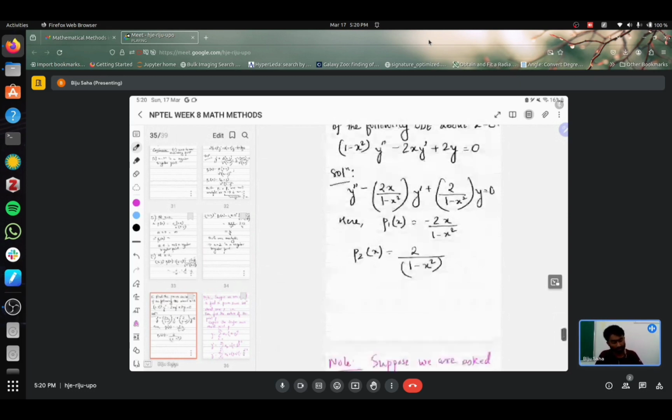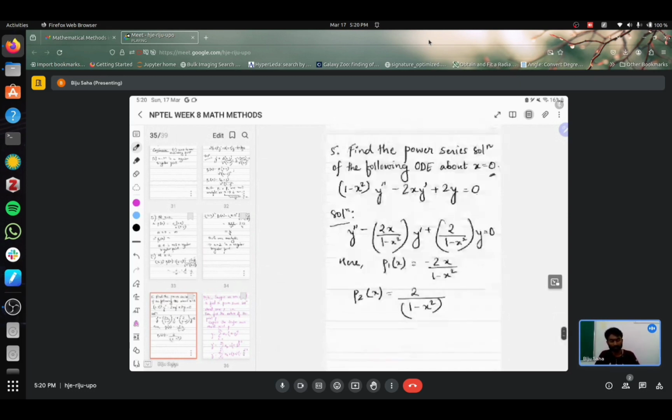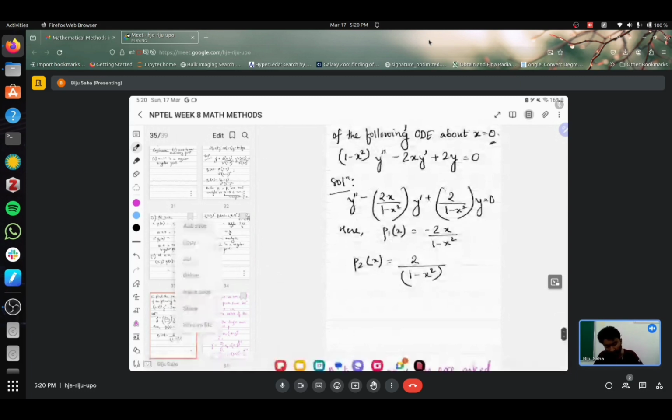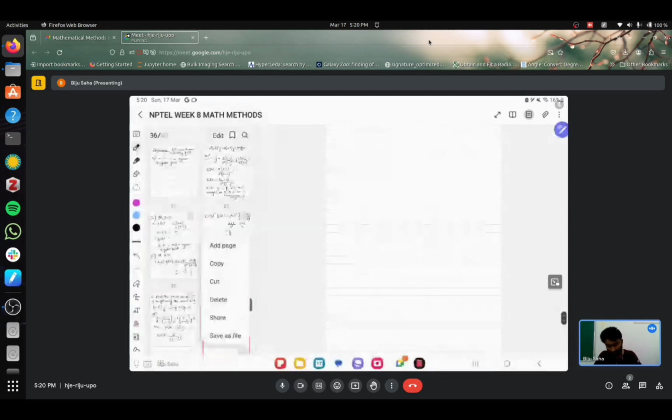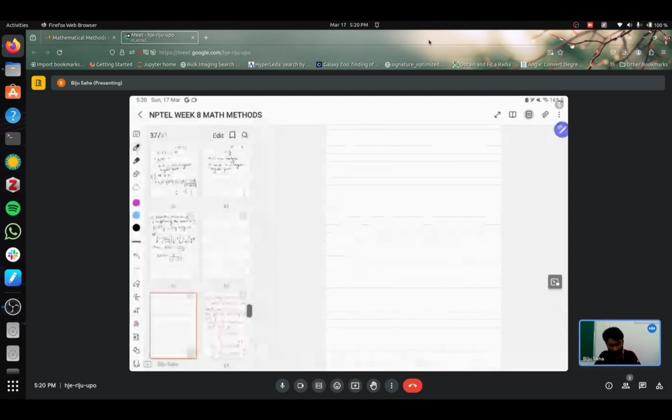So let us, since we have to expand our power series about x equal to 0, for that case let us first of all check whether this particular x equal to 0 is an ordinary point or it is a singular point.